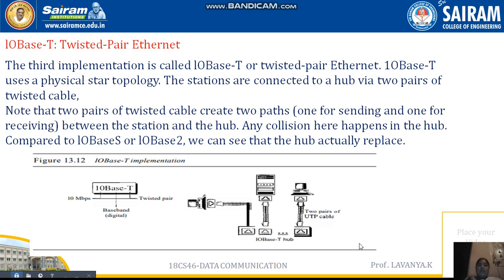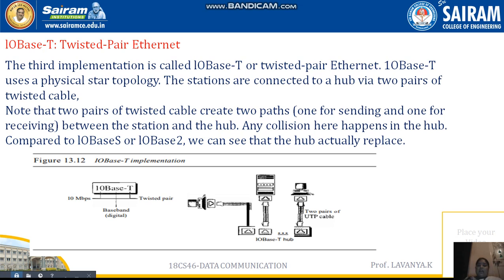So 10BaseT twisted pair Ethernet is the third implementation of Ethernet. It uses twisted pair cable as well as a physical star topology. The stations are connected via the hub, which shows the path for making the transaction.